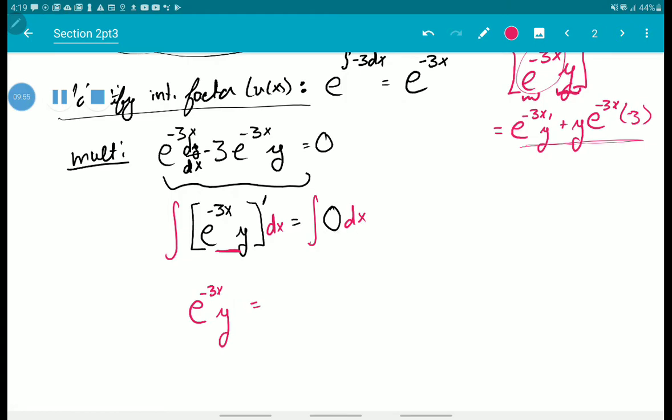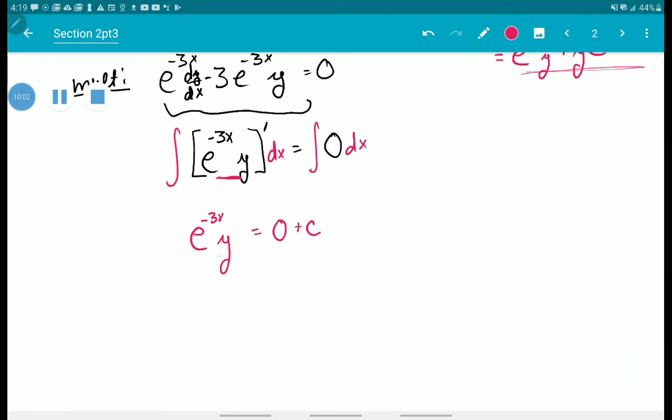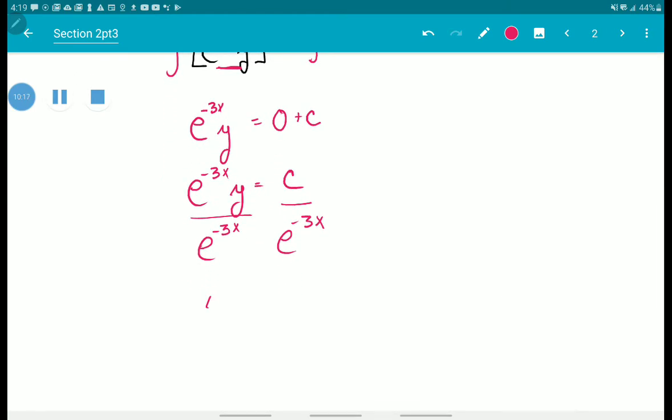When we integrate 0, we get 0 plus c. And then, ideally, you want to get y by itself. So let's divide by e to the negative 3x. So we're going to get y is equal to e to the positive 3x times your constant c.